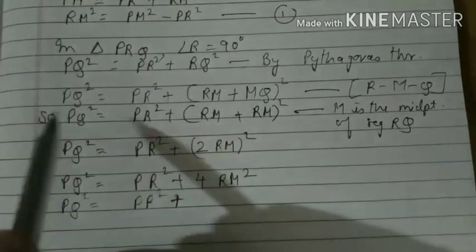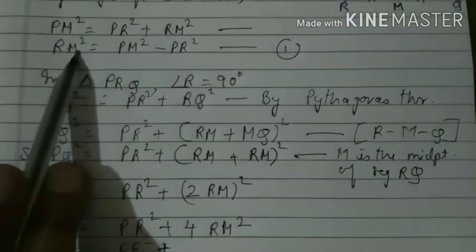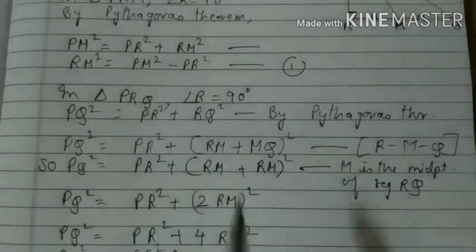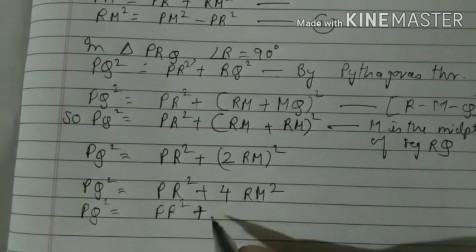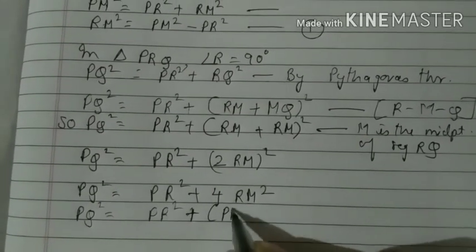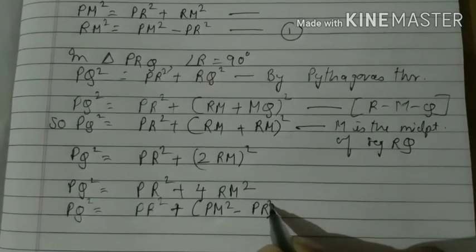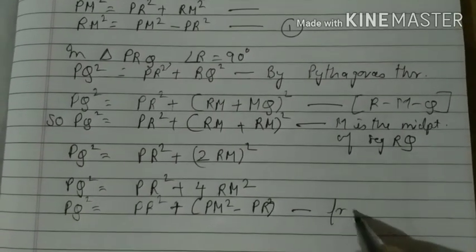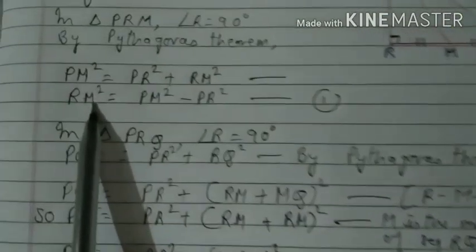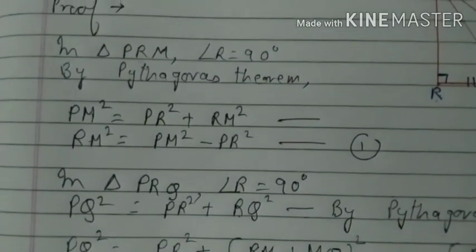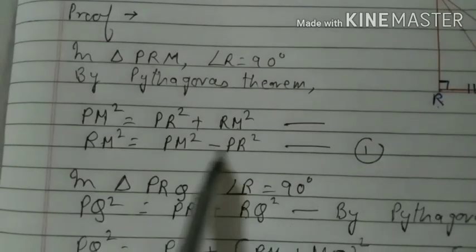Now what is equation number 1? RM square is PM square minus PR square. So in place of this RM square, I will write PM square minus PR square, that is from statement number 1: RM square equals PM square minus PR square.